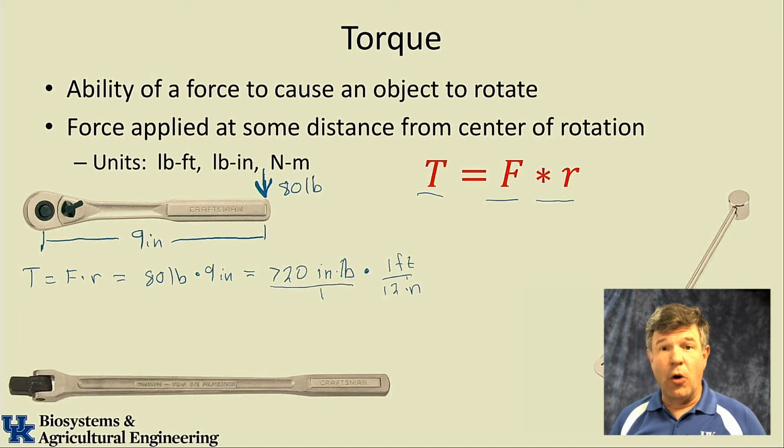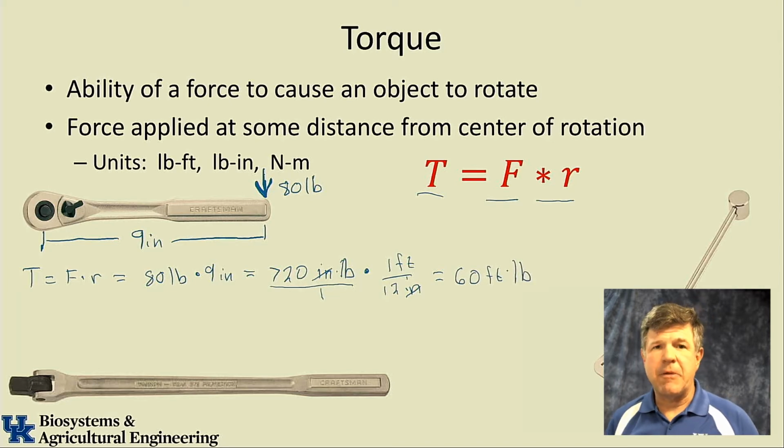So foot over inches. Now what's interesting here is I have inches in the denominator and inches in the numerator in the other part, and I can cancel those inches off. What I'm left with is foot and pound. So that's my foot pound. That's what I want. So I take 720 divided by 12, and that is 60 foot pounds.